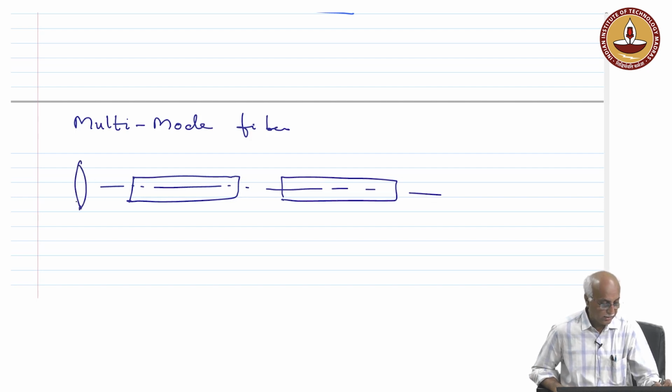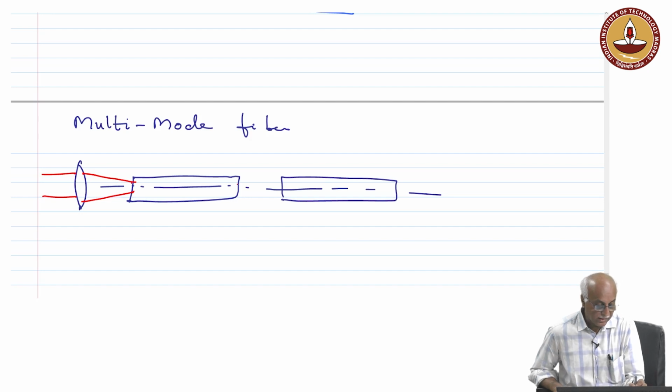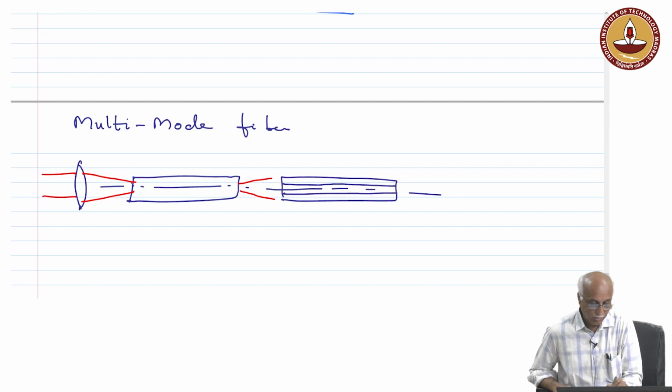Let's say over here we couple a beam, then from here the optical beam is coming out, it is diverging, and part of that will get coupled into the optical fiber.